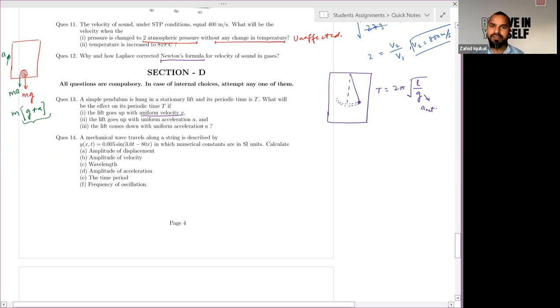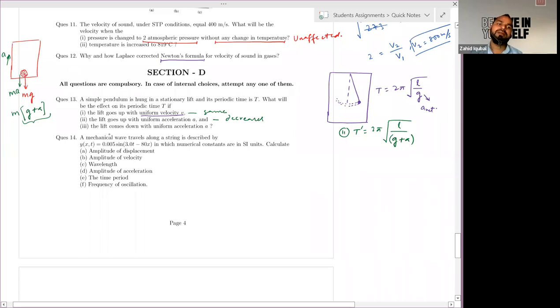Similarly, if the lift is going up, the net acceleration on this simple pendulum will be g plus a. So in the second part, the time period will become 2 pi root under L by g plus a. And since the acceleration is increasing, the time period will decrease. In this part the time period decreases, and in the first part the time period is the same.